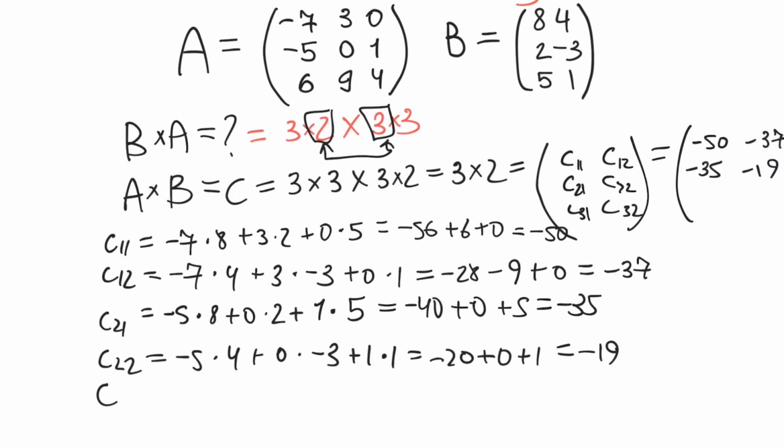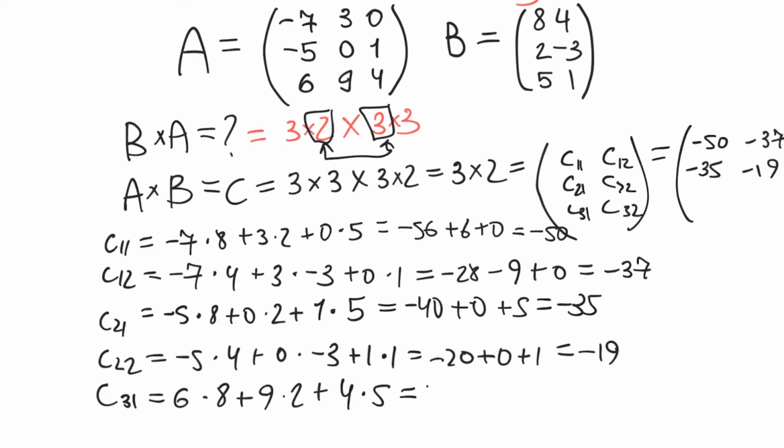So lastly, we're going to multiply the third row by the first and the second column of matrix B. That's going to give us our C31, which equals 6 times 8 plus 9 times 2 plus 4 times 5.